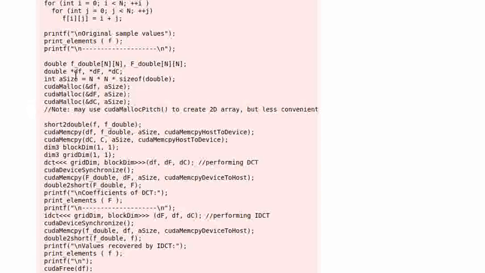So we allocate this memory as 1D arrays. Now actually we could use cudaMallocPitch to create a 2D array also, but this would be less convenient. It's more convenient to use a 1D array. We just need to make minor changes here.